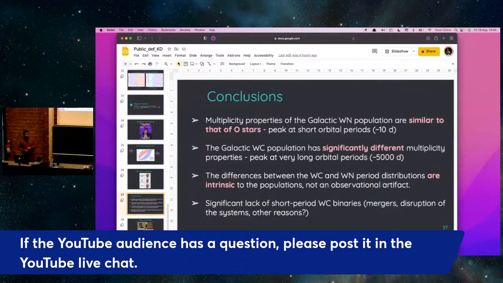And so I think in order to explain the distribution of the WN sample, you can say that yes, if mass transfer were to have occurred on the main sequence, then the shift in the orbital periods would be a factor of a couple, 2 to 3 at most. So then that is sort of consistent with what we see in our period distribution. But the same from the WN to the WC doesn't check out. The shift is just way too much.